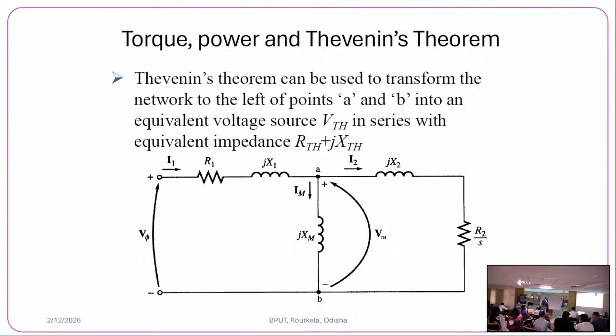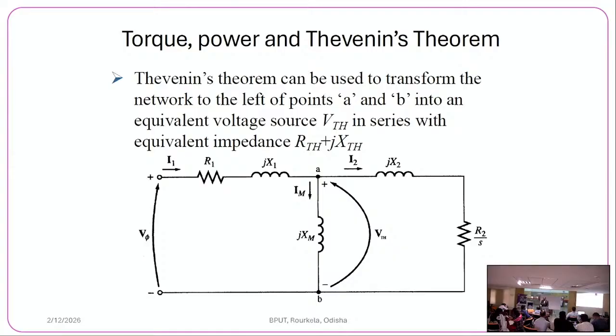Then torque, power and Thevenin's theorem. So that is how we consider Thevenin's theorem. This R2 dash by S we consider as the load resistance, because R2 dash by S is the sum of two parts. One is the actual rotor winding resistance and the other is the shaft load converted to resistance.